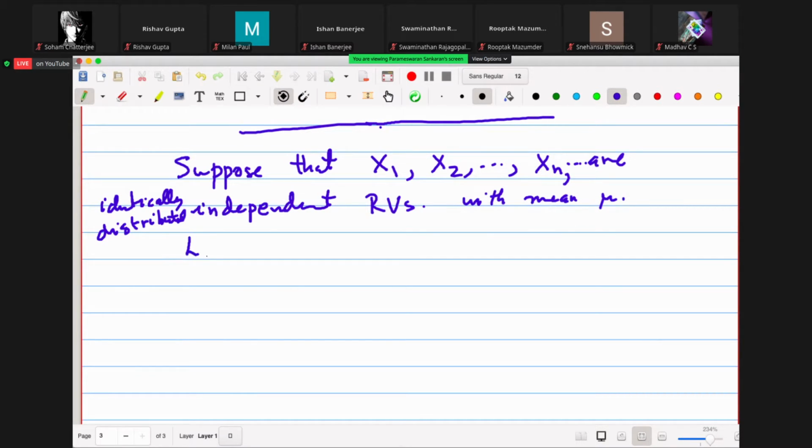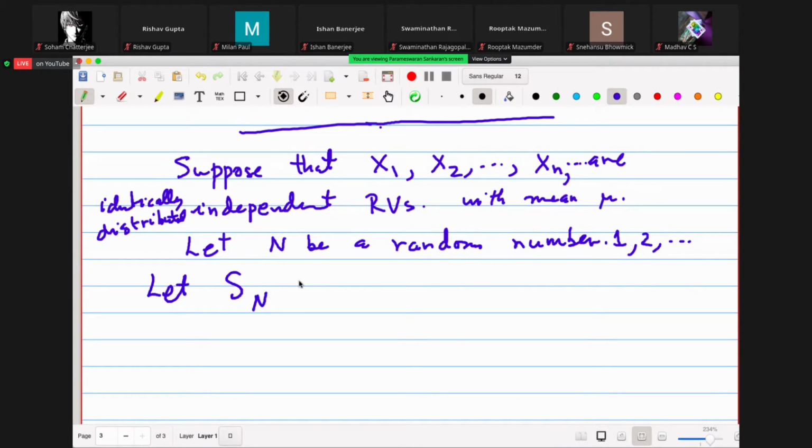And let N be a non-negative random variable, a random number, taking values 1, 2, 3, and so on, and let S be the sum X1 plus and so on up to XN.